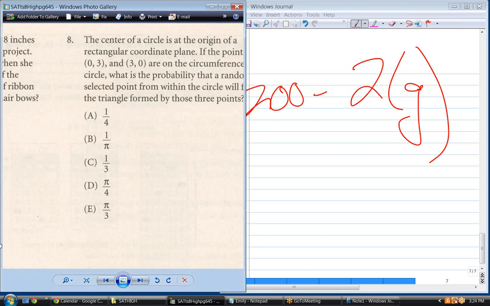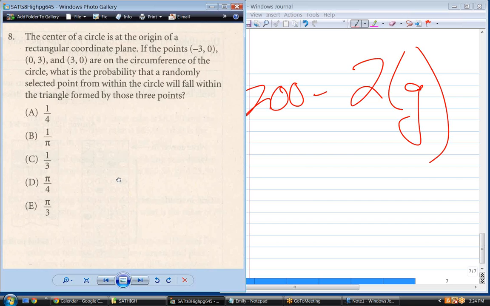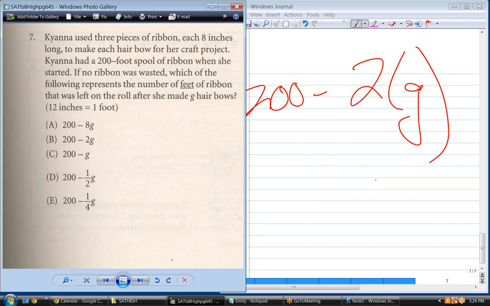Great. Actually, it is. And the fact that they didn't put the trap answer on there. The trap answer would have been what? Actually, they did put it. They did not. The trap answer would have been 200 minus 3g, because if everything was in inches, it would be 200 minus 3g.